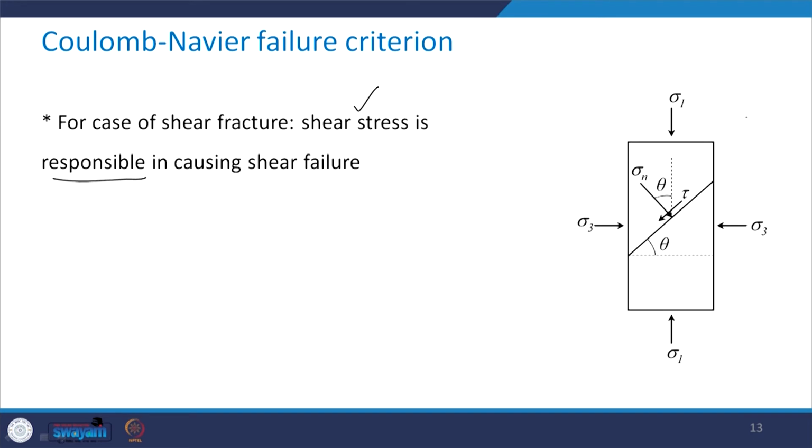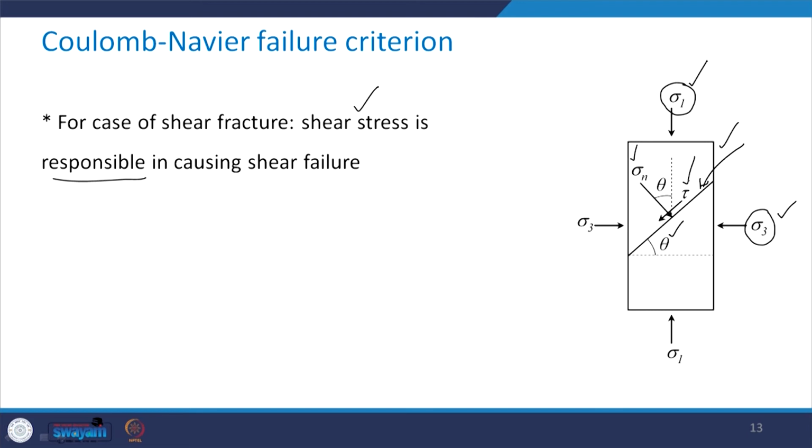So here this is a specimen which is being subjected to a stress condition in such a manner that the major principal stress is sigma 1 and the minor principal stress is sigma 3. There is a joint, which is this one, subtending an angle of theta with the horizontal, and on this plane there is going to be a shear stress and a normal stress.